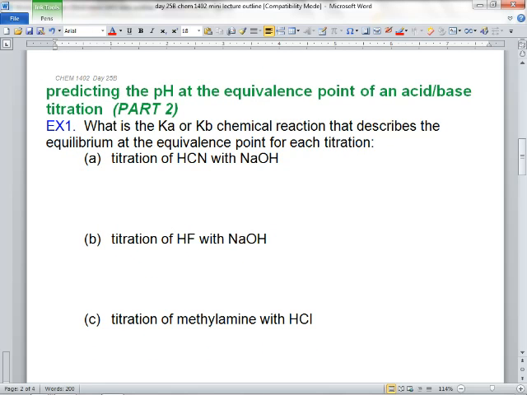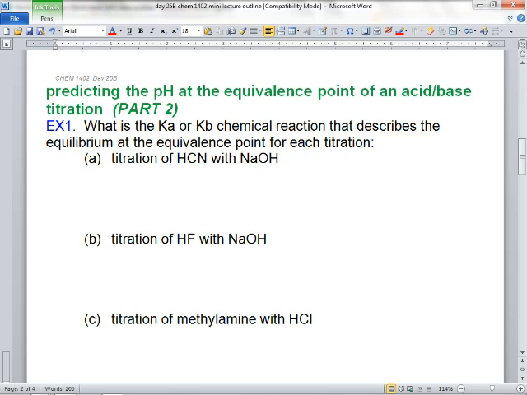And you see the titrations. I just want you to write a Ka or a Kb reaction. The Ka or the Kb reaction is the controlling equilibrium that determines the pH at the equivalence point.